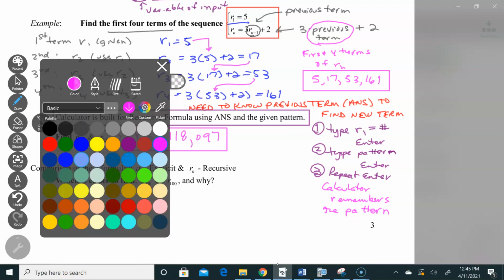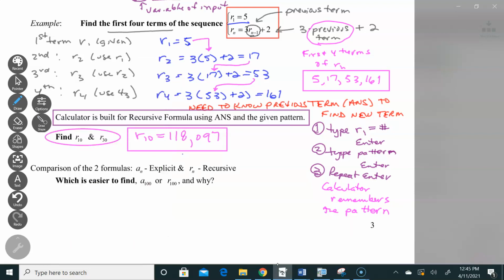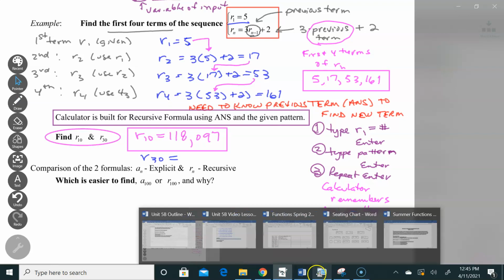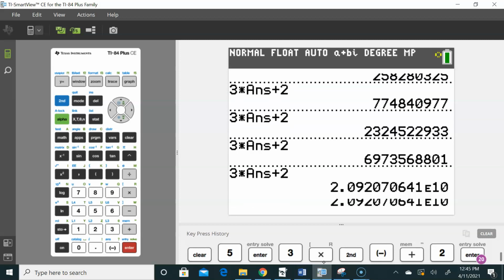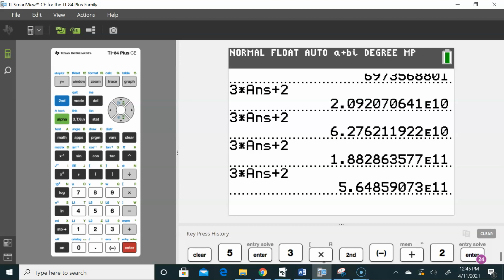And then we're going to do R sub 30 equals, I'm going to go back to my calculator. This is where you have to be careful. So we're on 10, 11, 12, 13, 14, 15, 16, 17, 18, 19, 20, 21, 22, 23, 24, 25, 26, 27, 28, 29, 30.